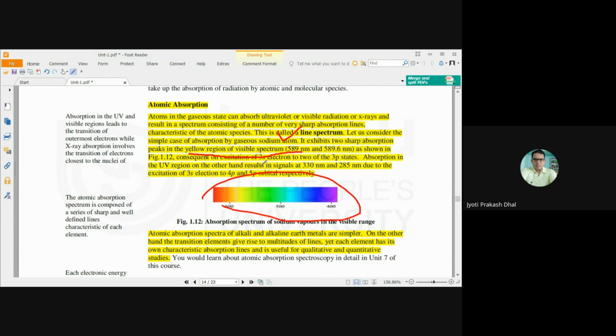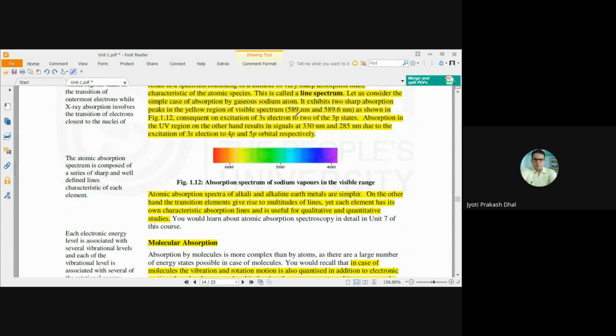This is due to excitation of the 3s electron to two of the 3p states.